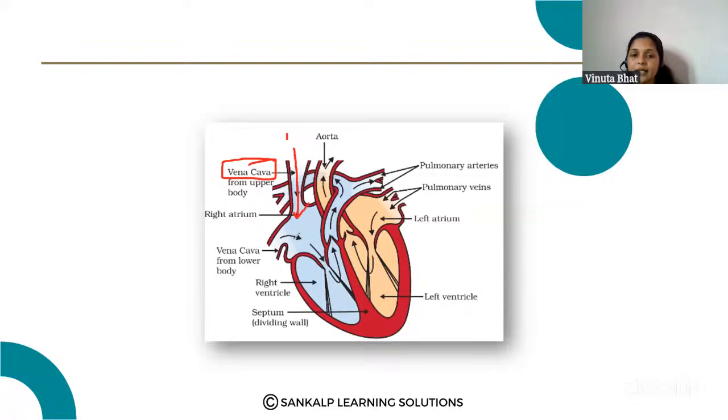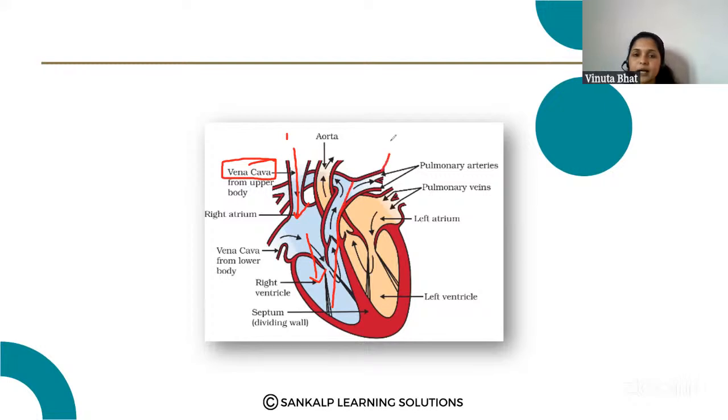When the right atrium contracts, it moves the blood to the right ventricle. When the right ventricle is in relaxation, it receives the blood from the right atrium, and when the right ventricle contracts, the blood moves into the pulmonary arteries.